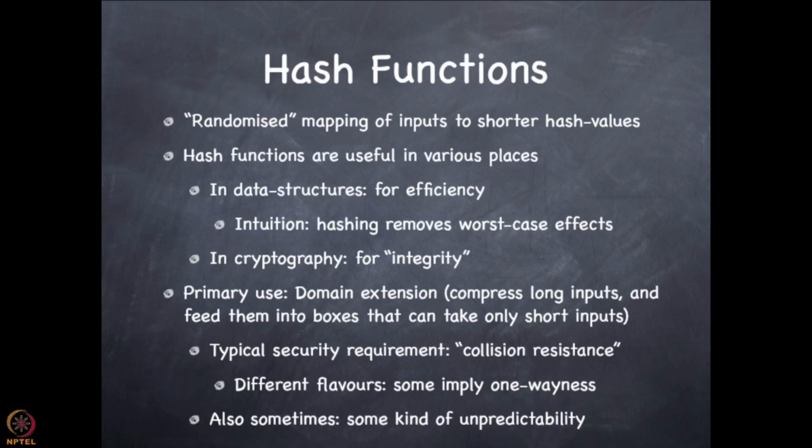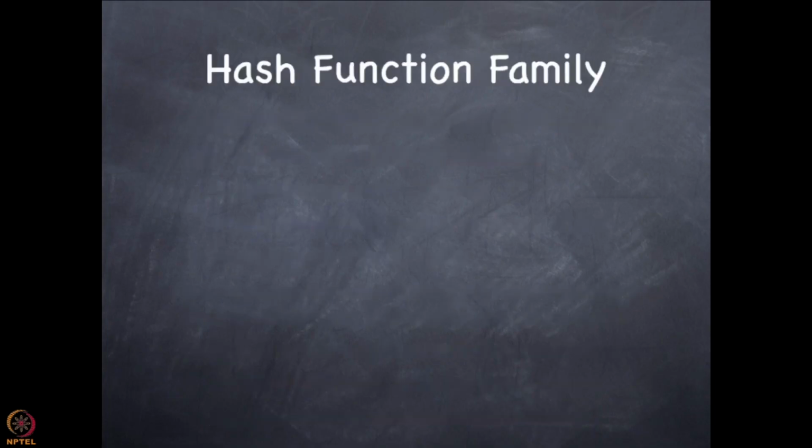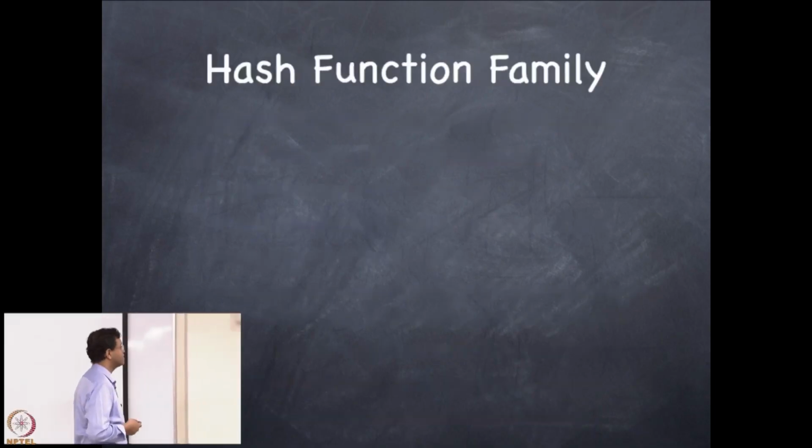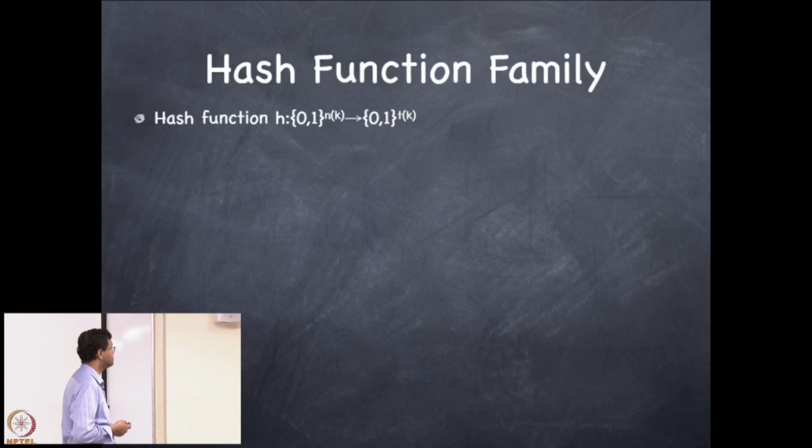Also some kind of unpredictability. I talked about random oracles in the previous lecture. Hash functions are heuristically taken to model a random oracle, or taken to implement a random oracle. So we'll see both kinds of uses of hash functions.